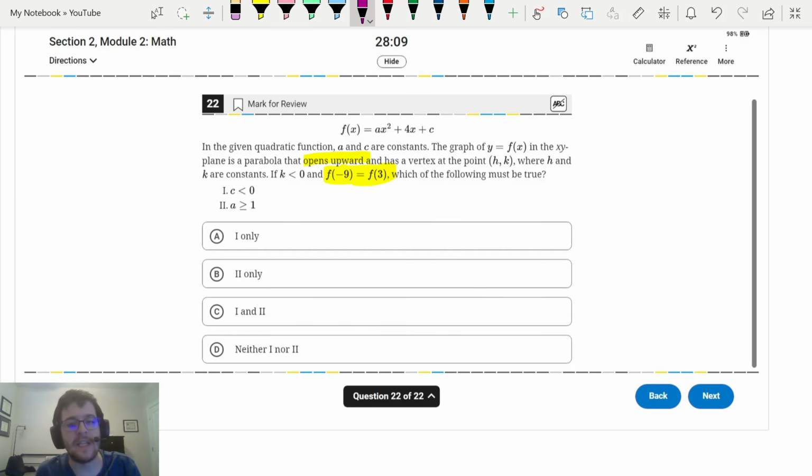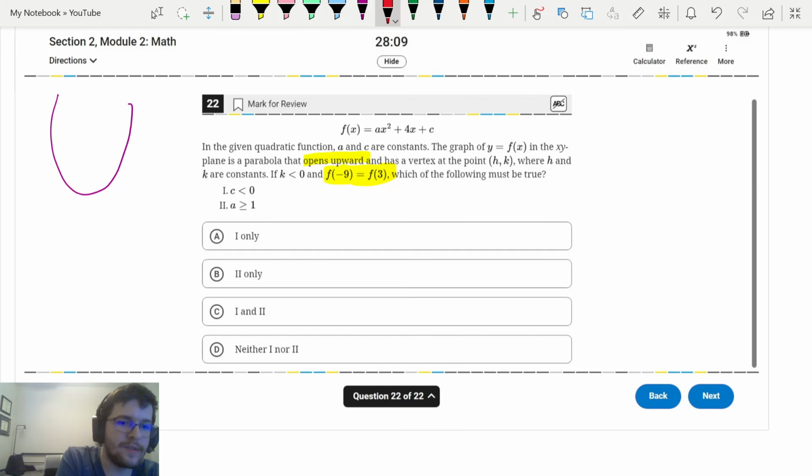So that means that the y value at negative 9 is equal to the y value at 3. And parabolas, when that happens, they're symmetrical. And the vertex is right in the middle of those two x values.